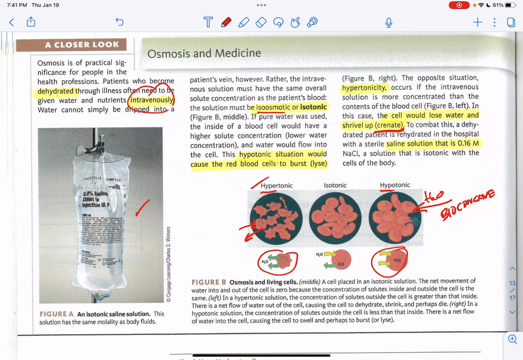And consequently, when animal cells and human cells inflate with water, as a result of that inflation, they burst as the water comes in. That's called to lyse. When a cell bursts, that bursting of the cell is called lysing. If it's a red blood cell, we call it hemolysis, and it kills the cell.